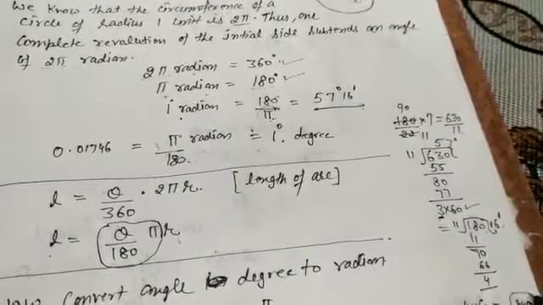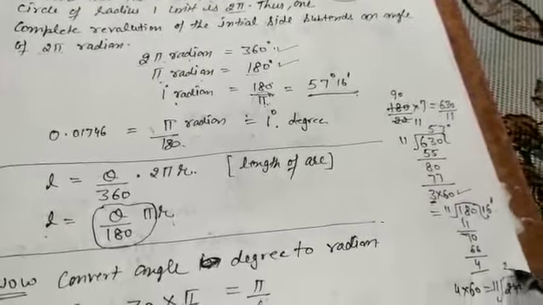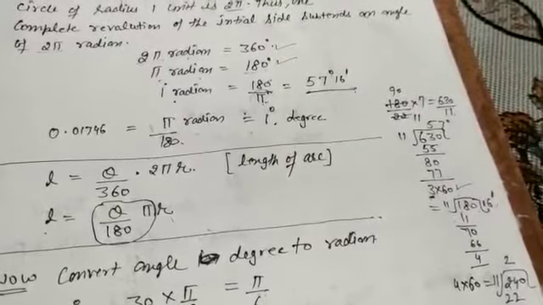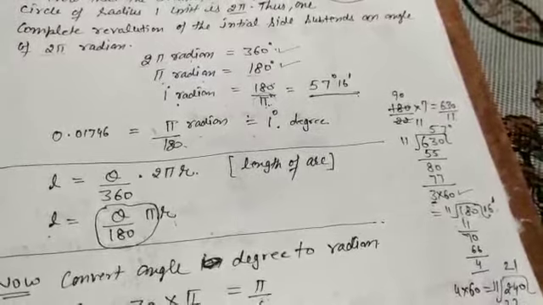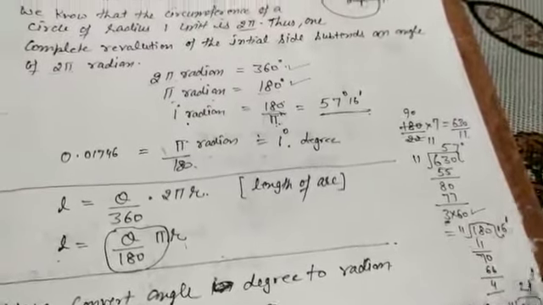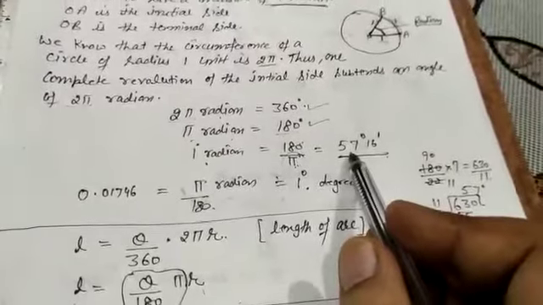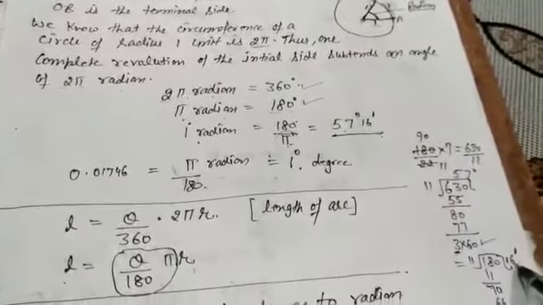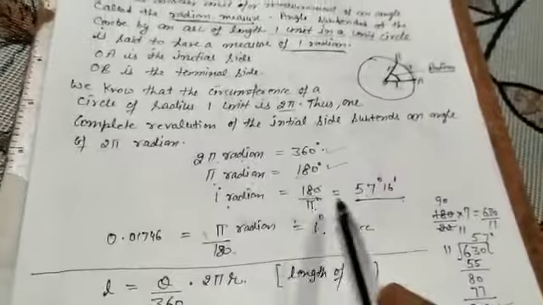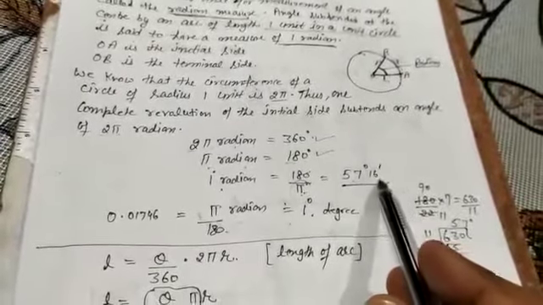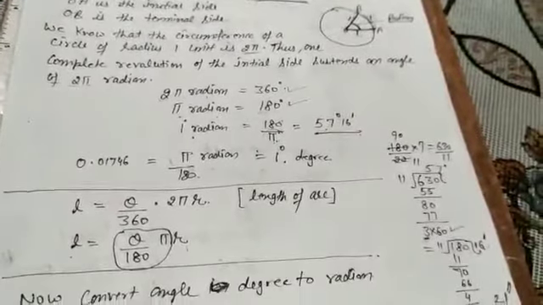And again you divide it by 11. 11 2s are 22. What is left? 2 and 0. 11 1s are 11. What is left? 9. So 21 seconds. So this result is 57 degree 16 minute and 21 second. So 1 radian is equal to 57 degree 16 minute and 21 second.